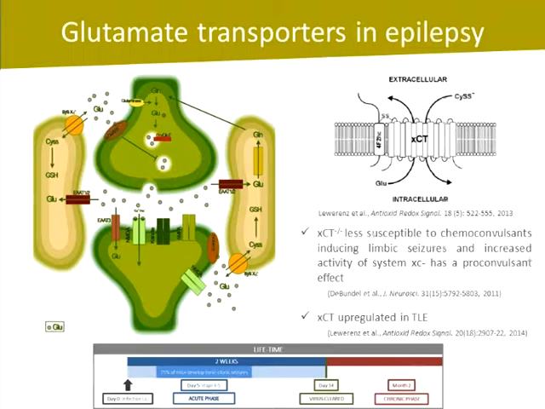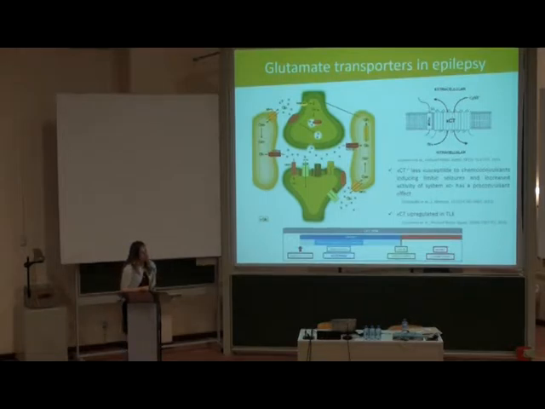Therefore, the aim of our work was to investigate the protein expression level of these transporters in an animal model, so GLAST and GLT1, and of this transporter, xCT. We did it by Western blotting using specific antibodies at 3 different time points: 5 days post-infection during the acute phase, 14 days post-infection, and 2 months post-infection, during the chronic phase.